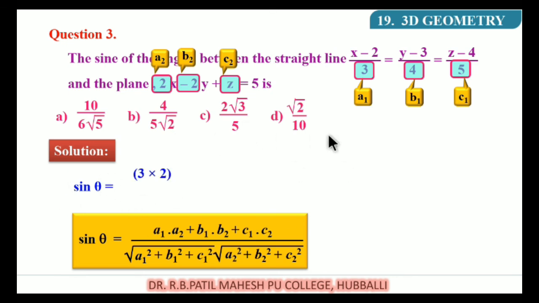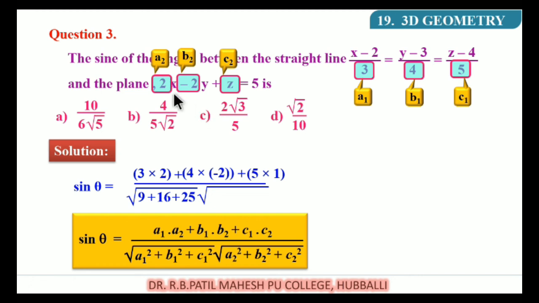Sine theta is equal to 3 into 2 plus 4 into minus 2 plus 5 into 1, divided by square root of 3 square is 9 plus 4 square is 16 plus 5 square is 25, into square root of 2 square is 4 plus minus 2 whole square is 4 plus 1 square is 1.